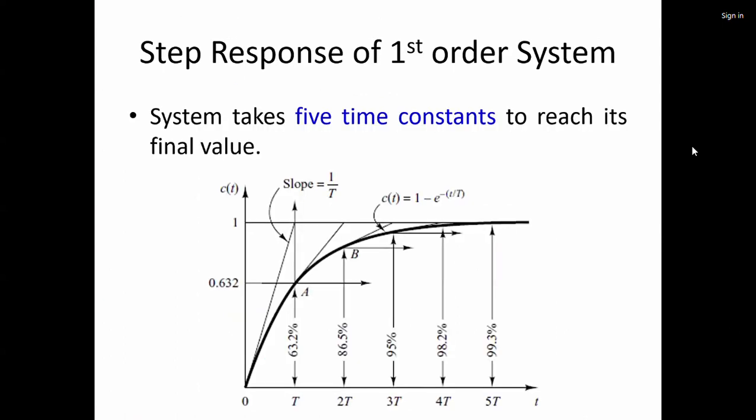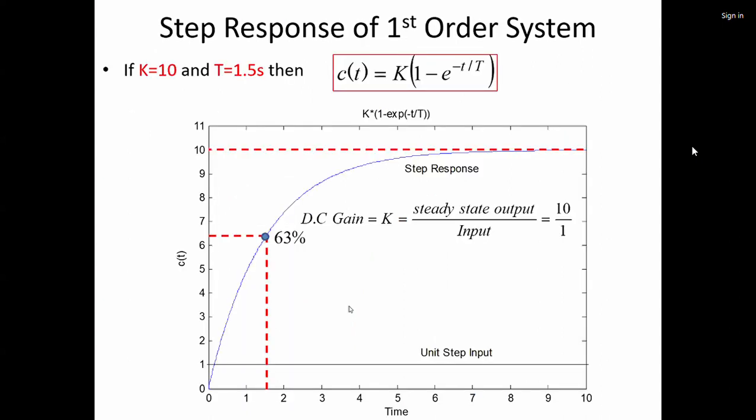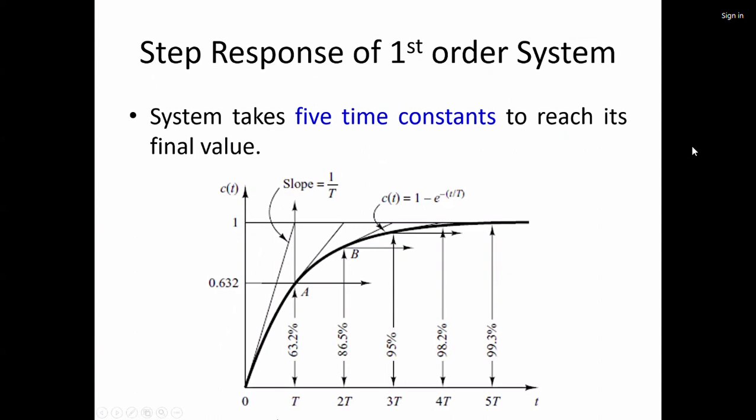Now here you can see different t. We said that at first time constant, the output would have reached about 63.2% of the input.